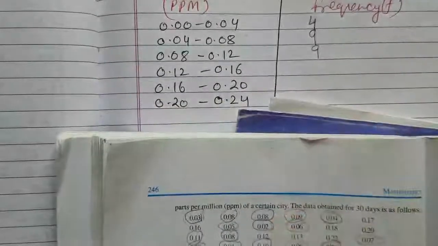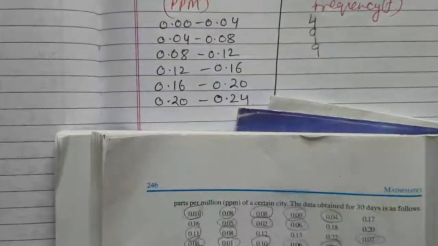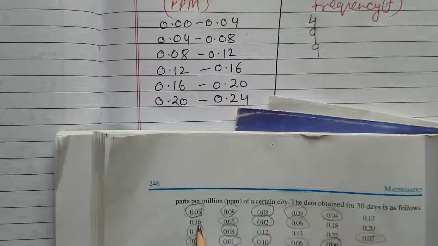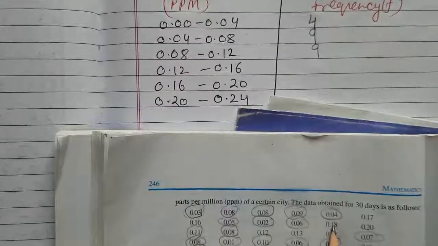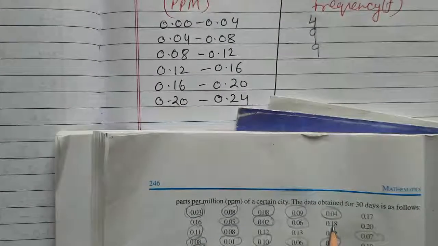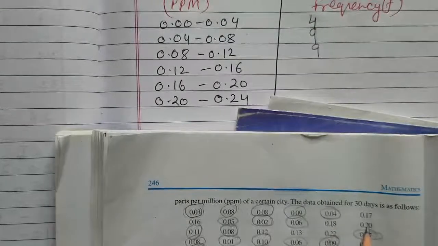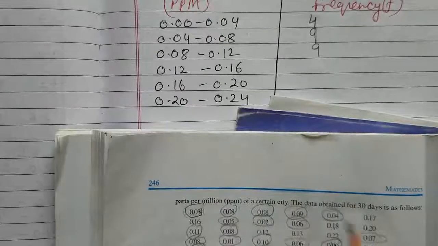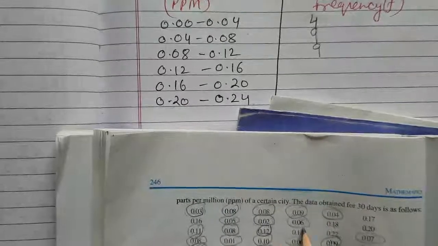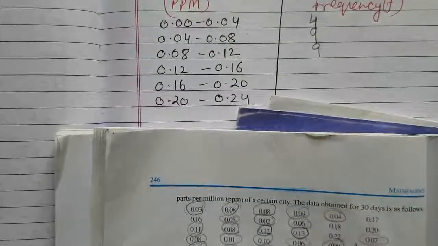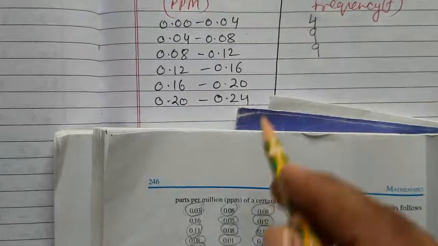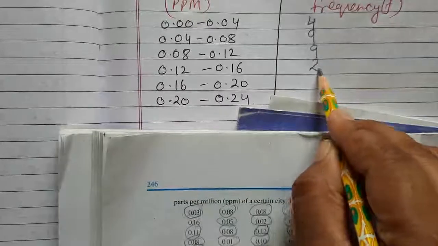Now 0.12 to 0.16: no, no, no, yes, 1, 2, no, so only 2 observations.